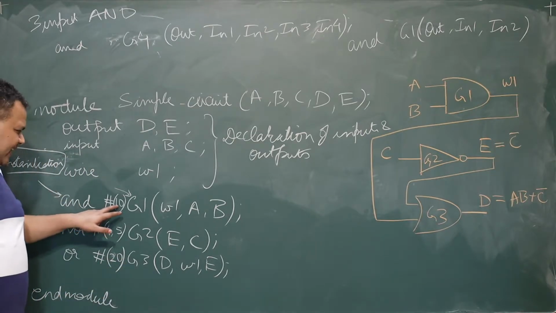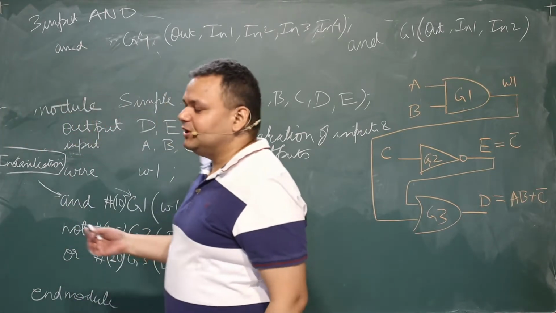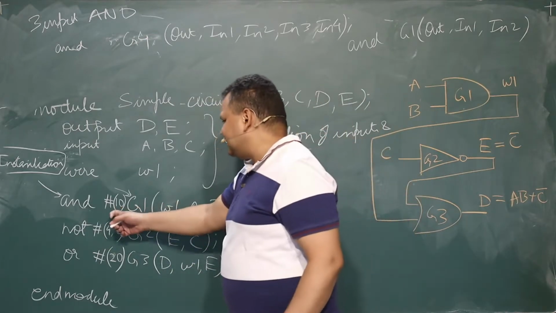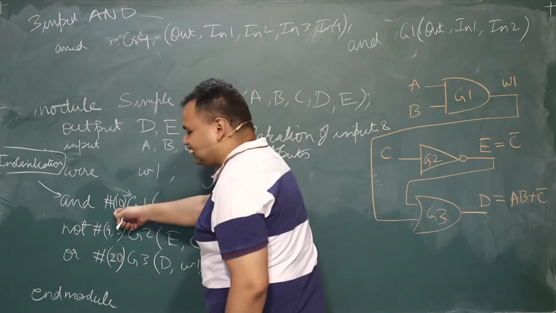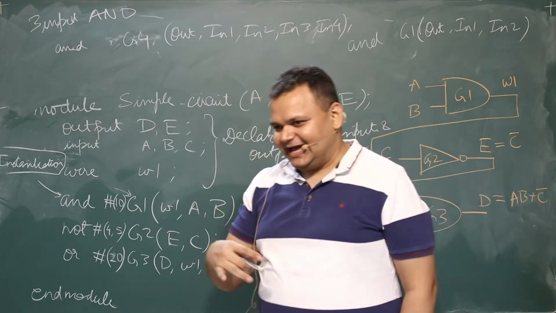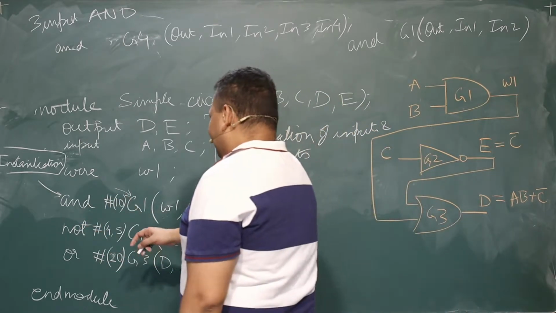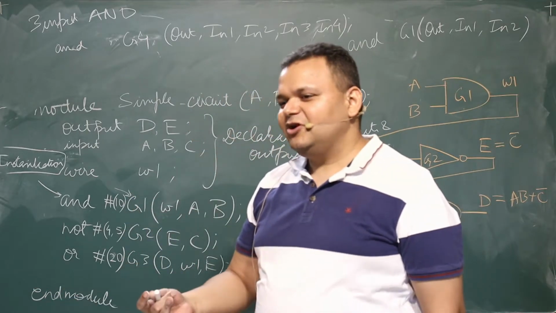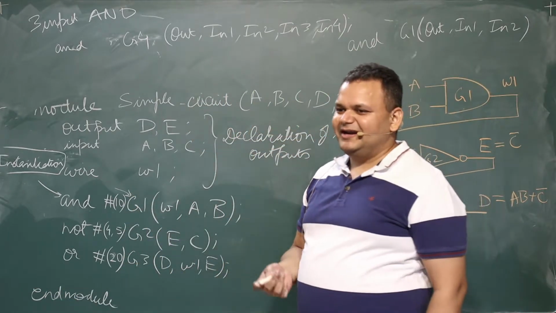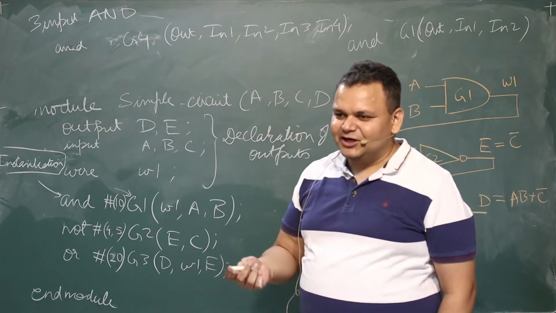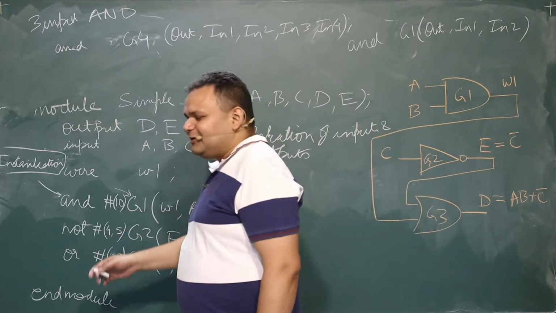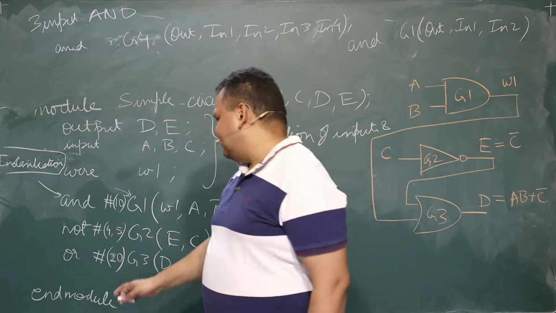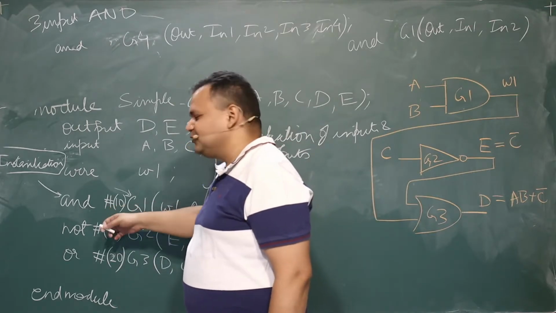When I say 10, I mean 10 time units. It does not stand for 10 nanoseconds. I just mentioned it in nanoseconds, but it is 10 time units. By default, most Verilog simulators choose 1 nanosecond as the time unit, so 10 nanoseconds correspond to 10 time units.